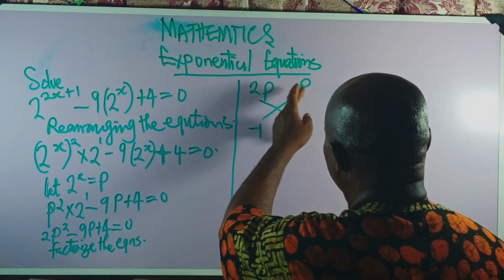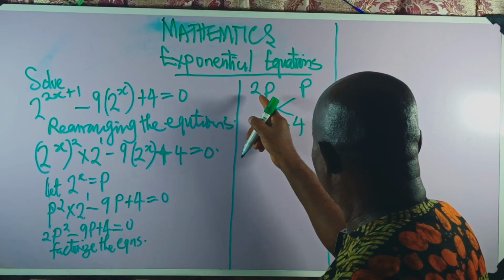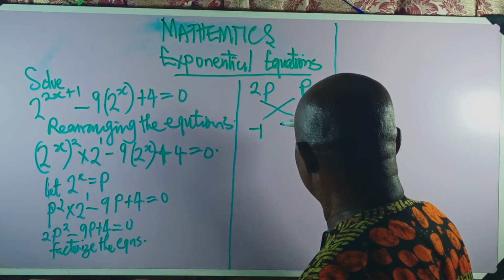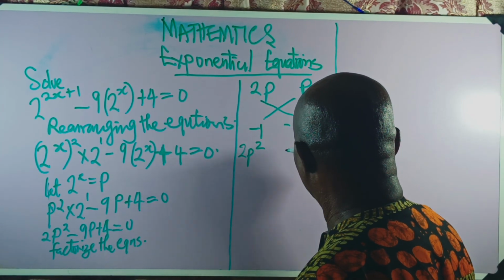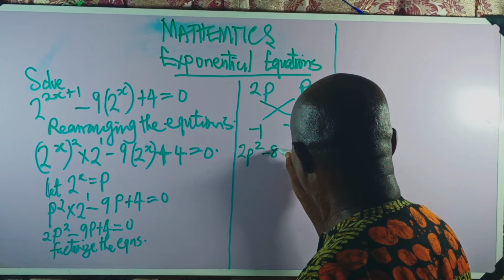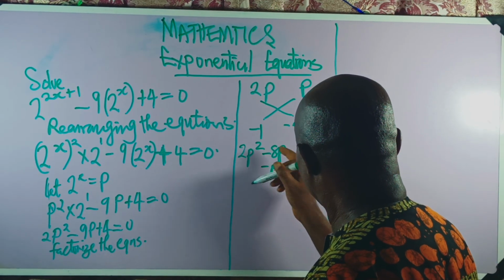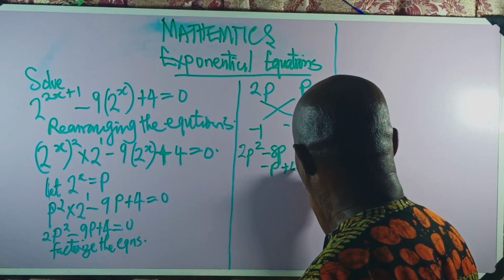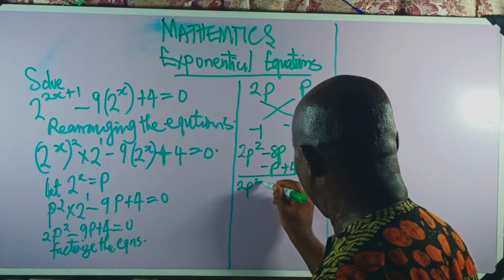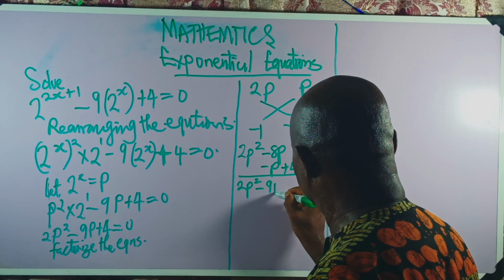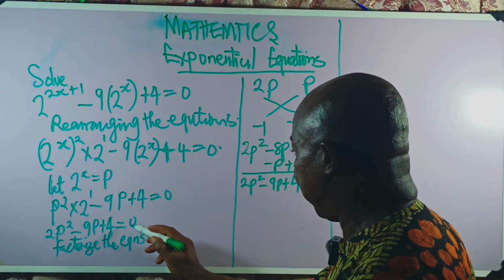If I multiply this and this, I have 2p squared. I multiply this, I have minus 8p. I multiply this, I have minus p. I multiply this, I have plus 4. So here it will give me 2p squared minus 9p plus 4, and this is the same thing as what we have here.